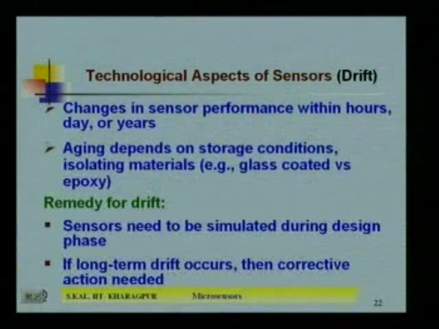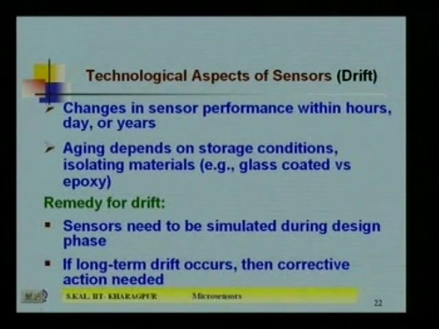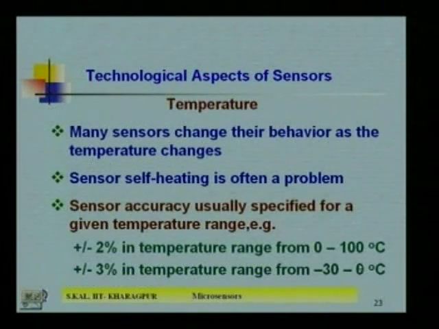From there you can simulate its output properties, and then at your design phase you can change something so that drifting will be less. And if long term drift occurs, then some corrective action is needed. That means you have to calibrate the sensor from time to time. Okay. So, these are the remedies for drift.